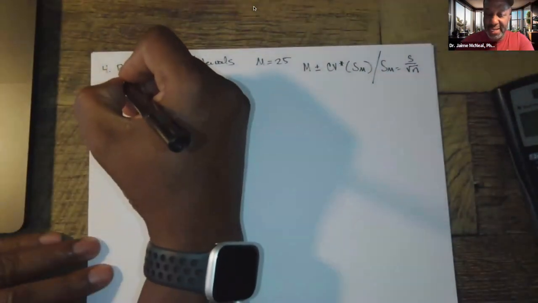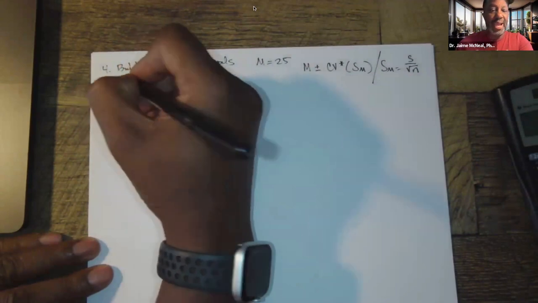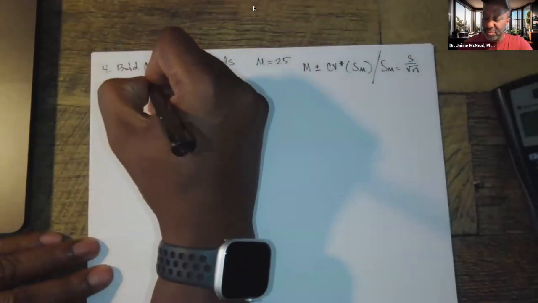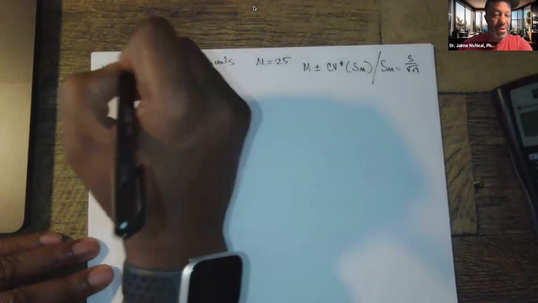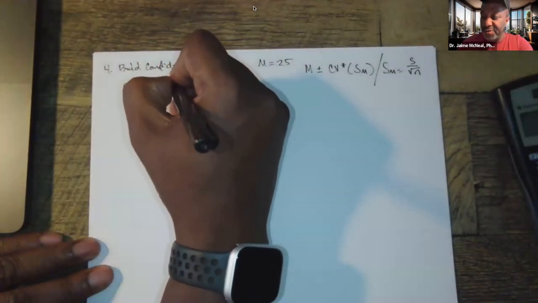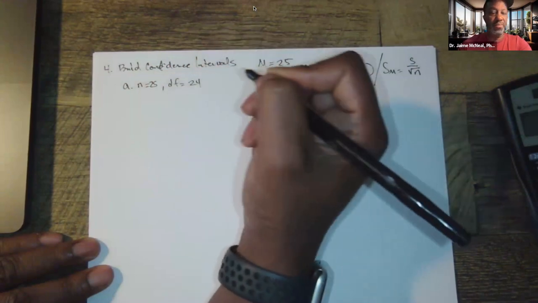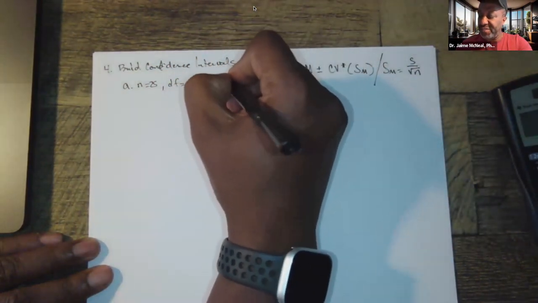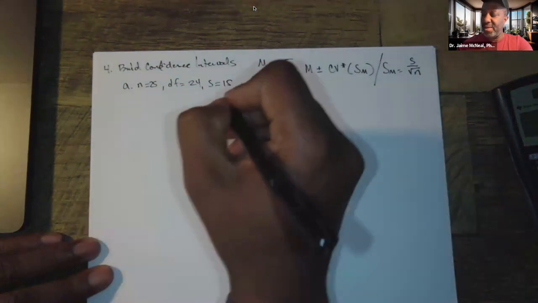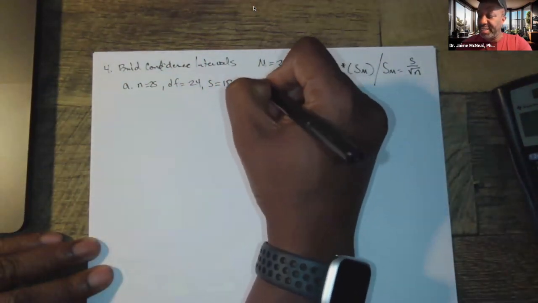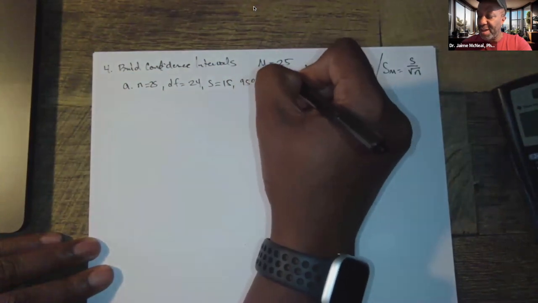All right, so let's look at A. For A, the n is 25. It should be a small n, but anyway. N is 25, which means the degrees of freedom is 24. The standard deviation is 15. And we're doing a confidence interval of 95, which means the alpha is 0.05.